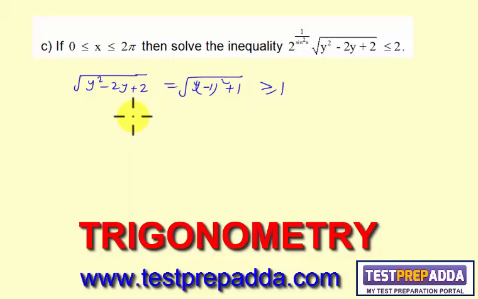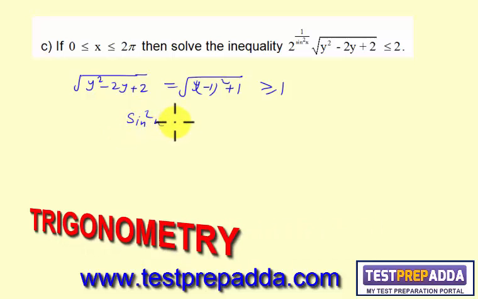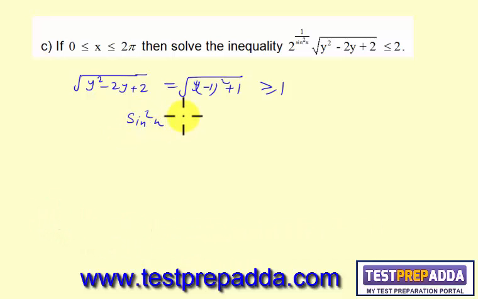Now take the second one, sin²x. We know sin²x is always less than or equal to 1. If sin²x is less than or equal to 1, obviously 1/sin²x will be greater than or equal to 1.